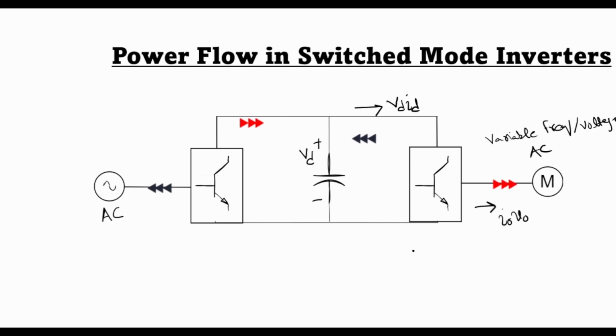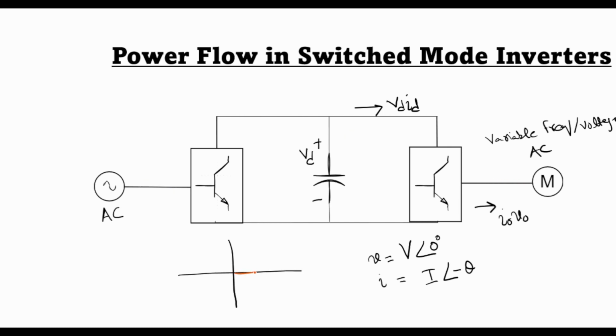So if I write it in phasor notation, I can write that V is equal to V angle 0, and current then lags this voltage by an angle theta, which can be represented on an Argand diagram like this. That is, if the phasor of the voltage is this one, V, then the current would lag this voltage phasor by an angle theta.